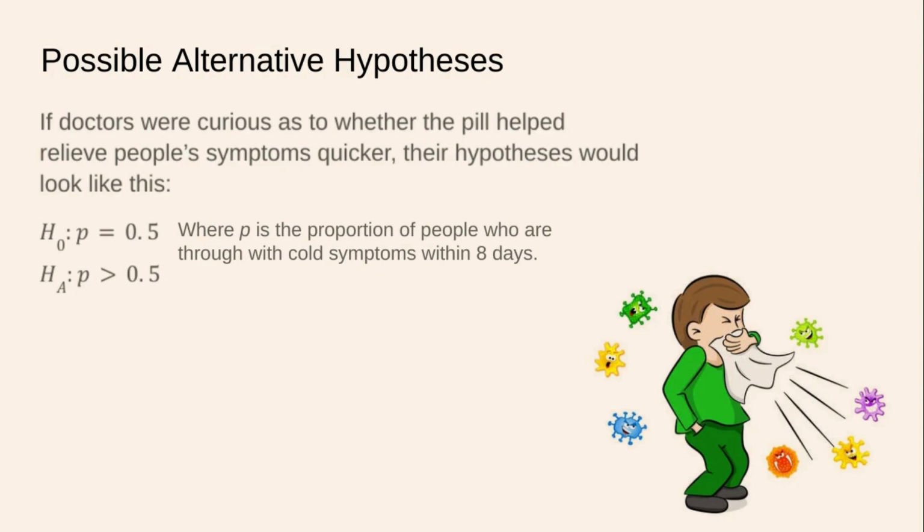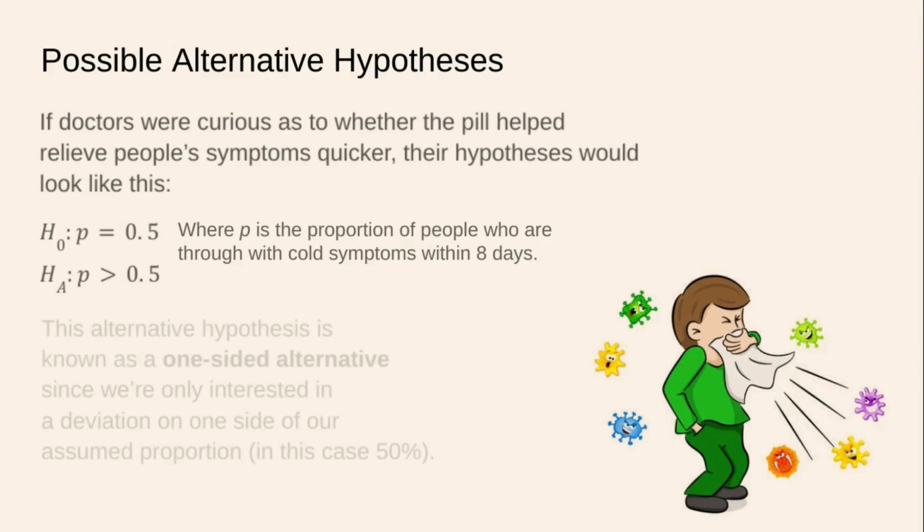Now, if doctors were curious as to whether the pill helped relieve people's symptoms quicker, their hypotheses would look like this. P equals 0.5 would be the null hypothesis, no significant difference from what we were expecting, versus P is greater than 0.5, which would mean that over 50% experienced early relief from their symptoms.